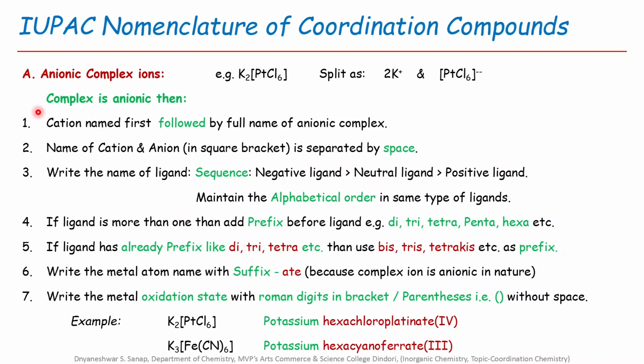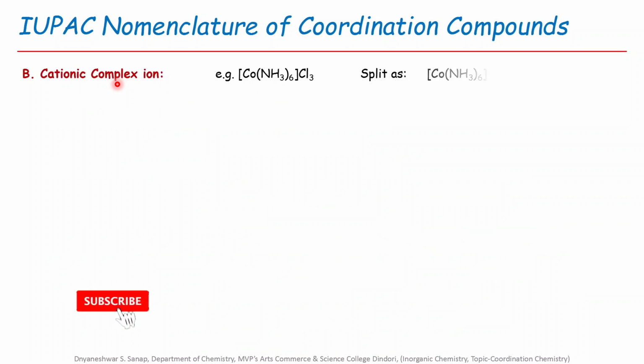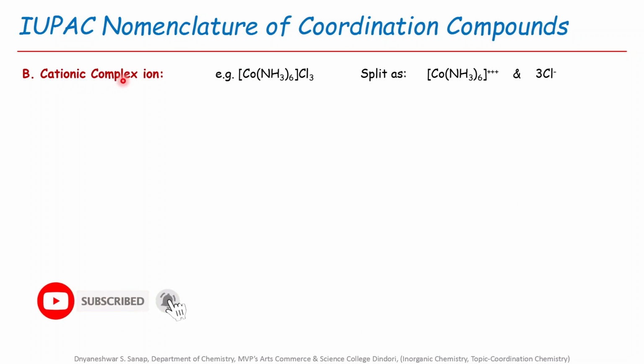This is all about the nomenclature for anionic complexes or anionic complex ions. The next type is cationic complexes, and the example is [Co(NH3)6]Cl3. Split this complex into the cation and anion like this: [Co(NH3)6]3+ and 3 Cl-.